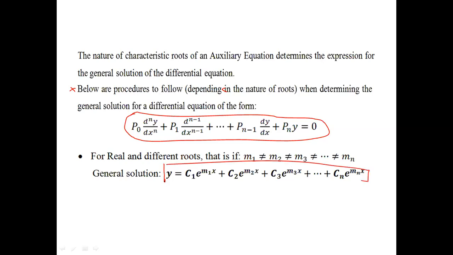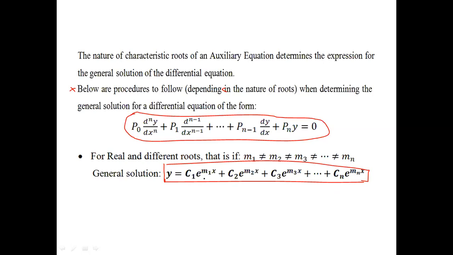This is an expression: y equals C1 e^(m1 x) plus C2 e^(m2 x) plus C3 e^(m3 x) plus, and it goes on up to Cn e^(mn x). So this expression is generally written, it takes into account the many roots that a characteristic equation is likely to yield.